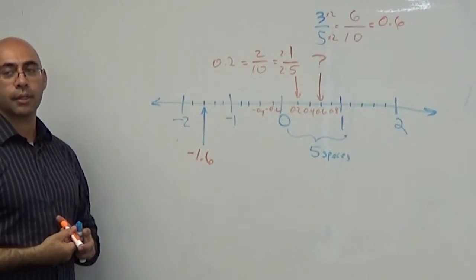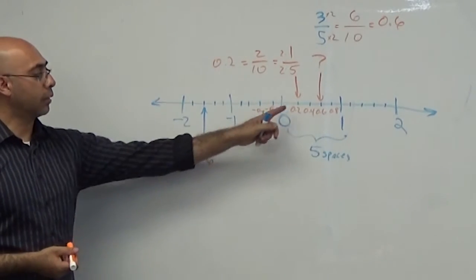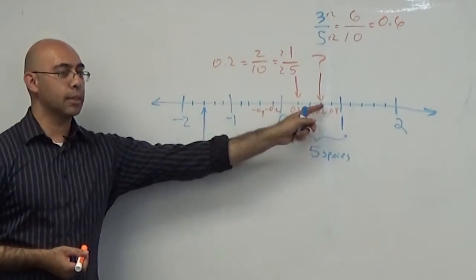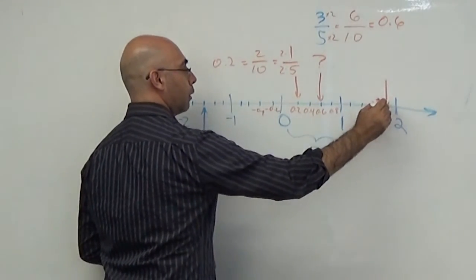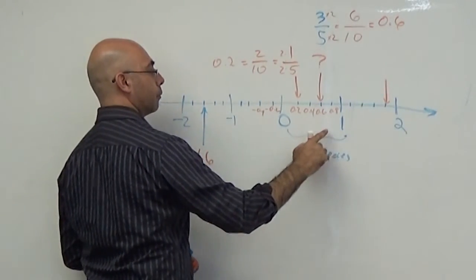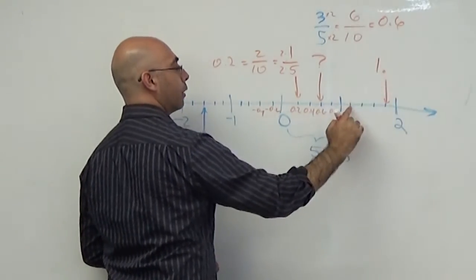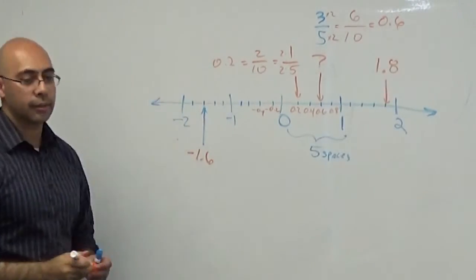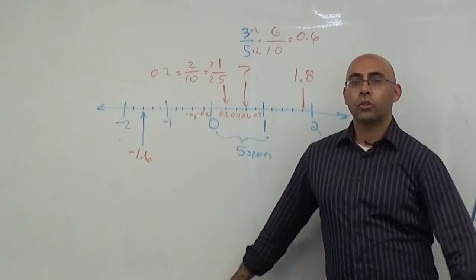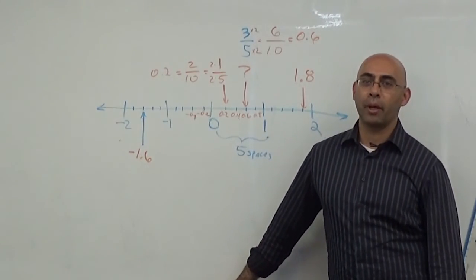Negative 1.6. So once we figured out that point, we know all the other ones now. That means this guy right here is going to be what? 1.8.